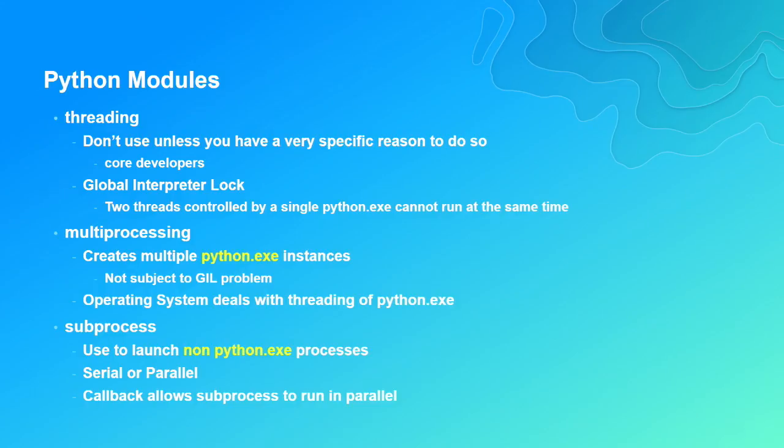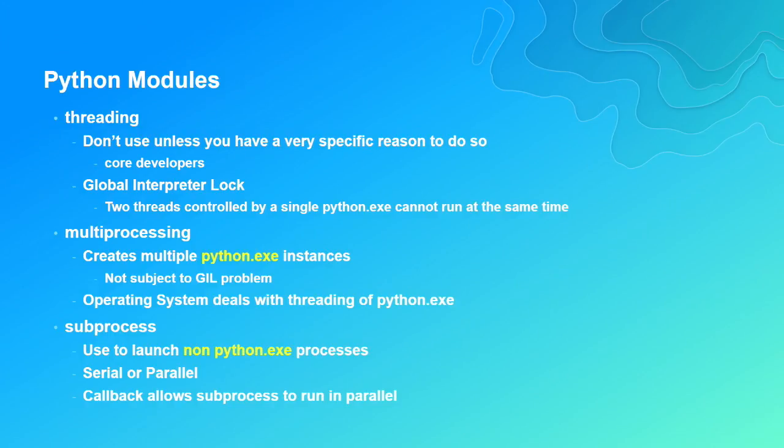If you're creating a framework for someone else's consumption, this is probably when you'll need to look at that. But if you're creating a script, it's very likely too low level for what you want to do. In that case, it would be much more fortuitous to use multiprocessing or subprocesses, and I'll talk about the difference in just a moment.